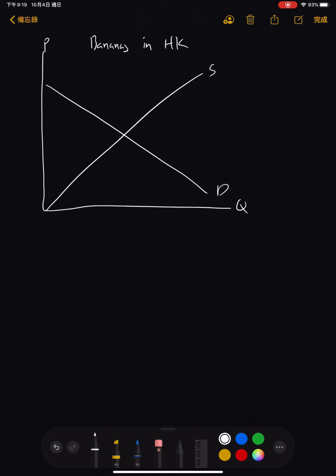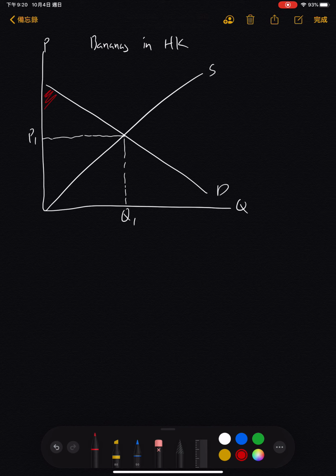Okay, so when we are looking at the diagram like this, we are just looking at the banana market in Hong Kong. In this market, people are trading at P1 and at the quantity of Q1 right here. If we put some more information into this diagram, we can add some more colors.